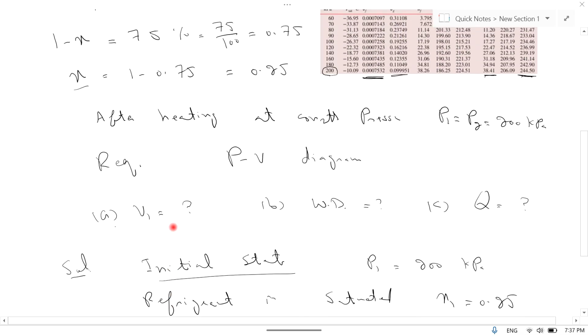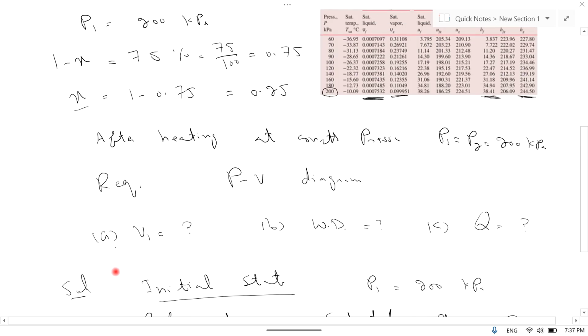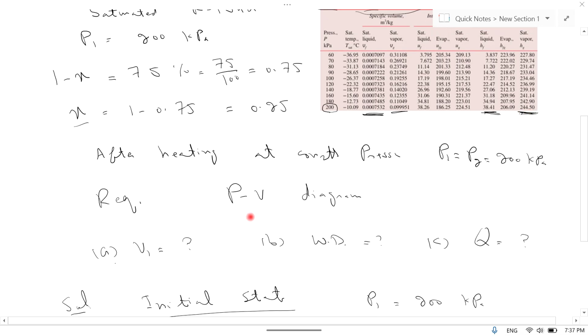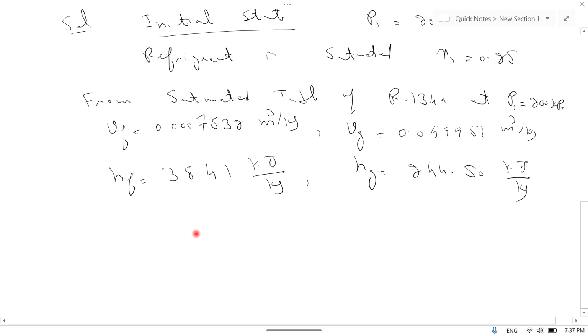Similarly, hf is 38.41 kilojoule per kg, and hg is equal to 244.50 kilojoule per kilogram. This is state 1.